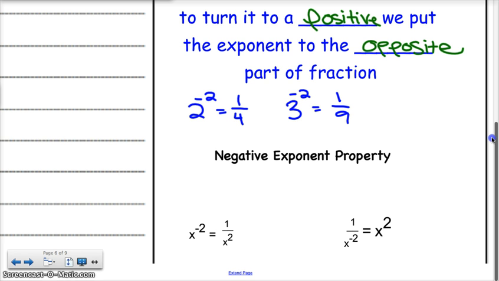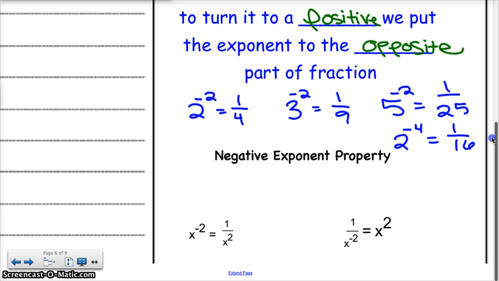Try to formulate the pattern. 5 to the negative 2 is 1/25. 2 to the negative 4 is equal to 1 over 16. 3 to the negative 3 would be 1 over 27. Can you see what I did? Yes. Okay, now let's apply it.